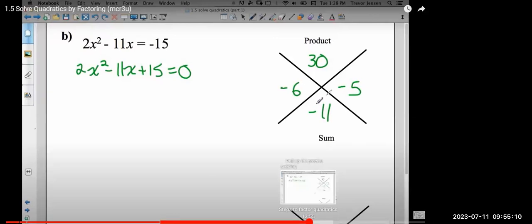I'm going to do this on the screen here. So I have -6 and -5, so I'm going to have here 2x squared. And it doesn't matter which one I put with what, but maybe it's better I put the -6 with the 2. So I'm going to have here -6x and then -5x with the 15. Set that equal to 0.